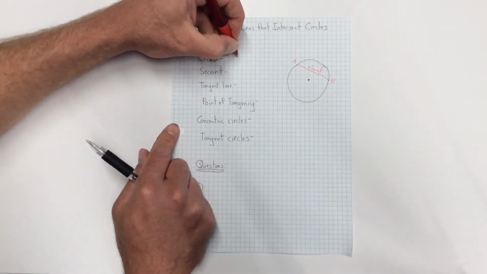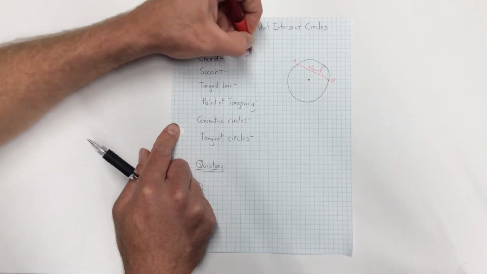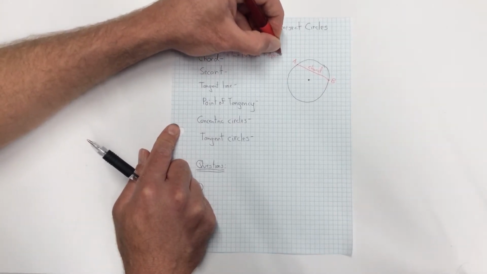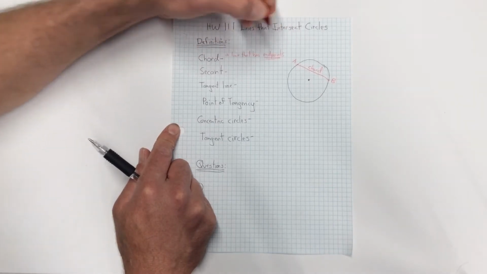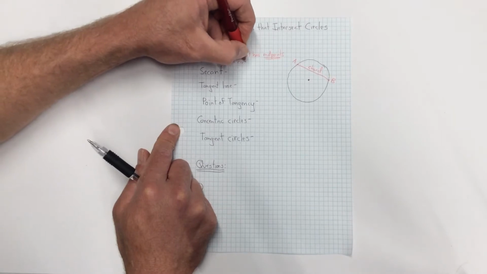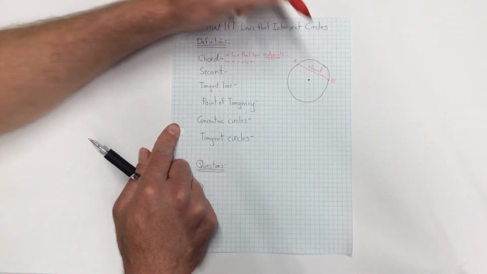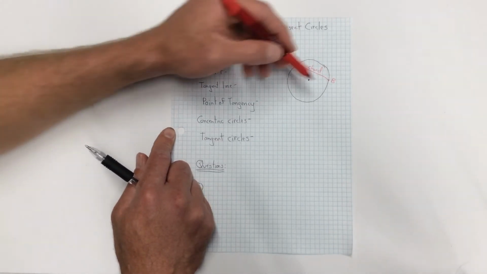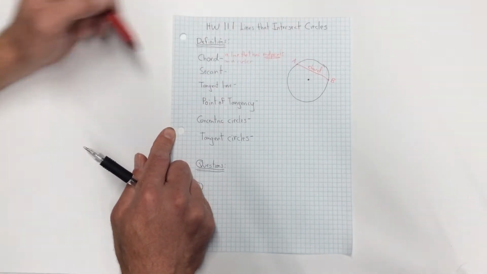So a line that has endpoints. That's the key word you'll see in comparing it with a secant line. Endpoints on a circle. Okay, so A and B would be the endpoints of that line. They're on the circle, so that is chord AB. I could draw lots of chords, but I don't want to fill this up.